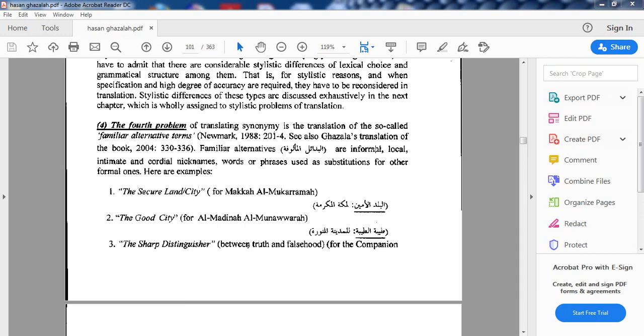Okay, they are informal, so when you check dictionaries, you will not find them. Local. It's only known by people, for example, in a certain area of that country. Intimate and cordial nicknames, words or phrases used as substitutions for other formal ones. And he gives here some examples.